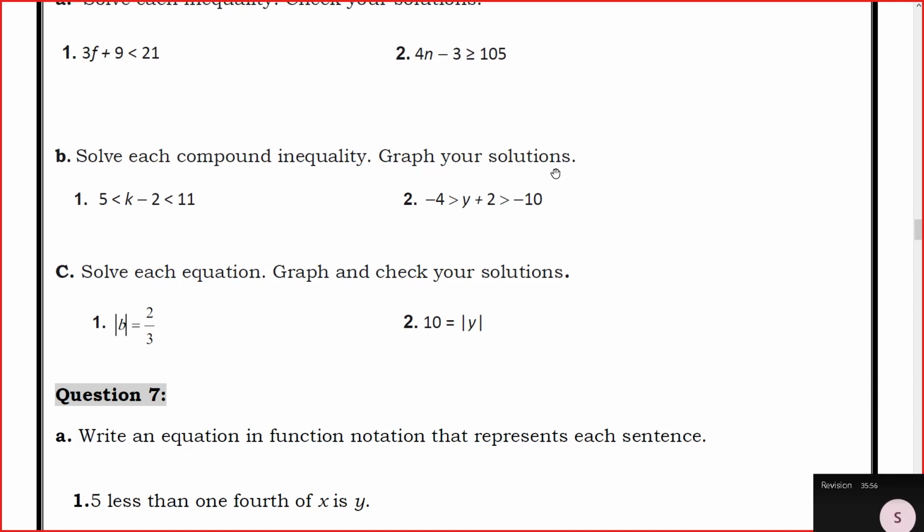So I need now to add 2 to both sides. I need to add 2 here, here, and here, to each side of the inequality. So 5 plus 2, 7, less than k, less than 13. Now let's graph it here.